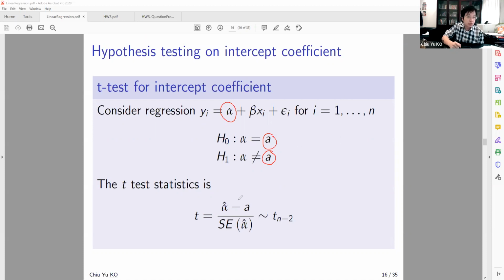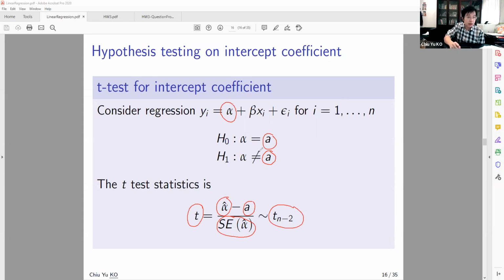And what to do is the t-test, right? The t-test is just this minus what you try to test, and then you divide over the standard error, okay? It's a t-distribution with n minus 2 degrees of freedom, we don't prove it.